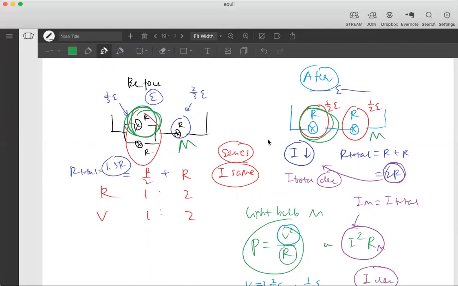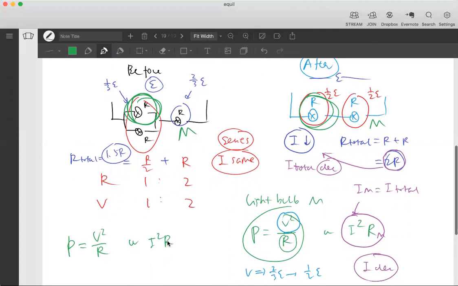We can use P equals V squared over R or I squared R. We're probably not going to use I squared R because the current is a bit complicated to work out, and it would just take a long time. Probably the best way is using V squared over R. They have the same resistance, so all you need to do is compare their voltage.